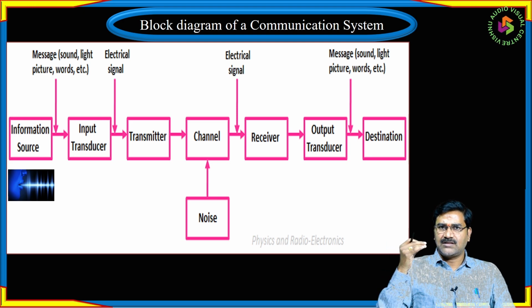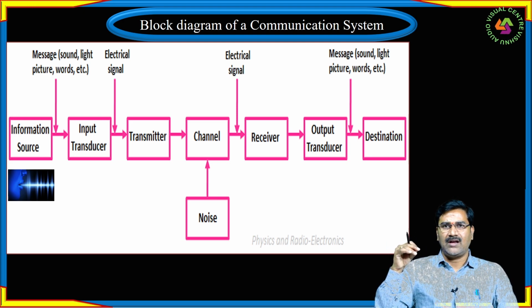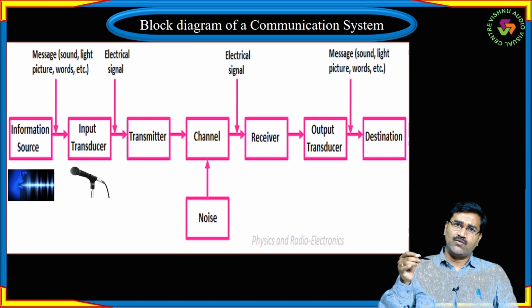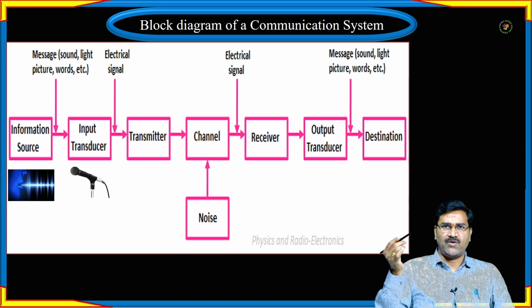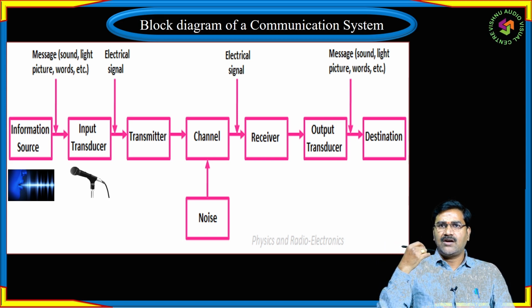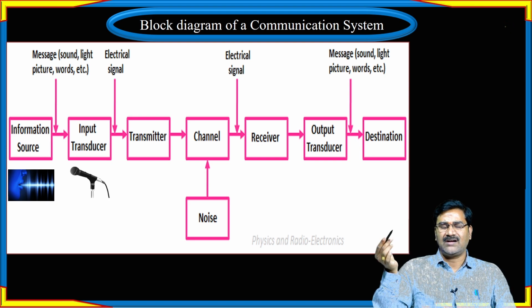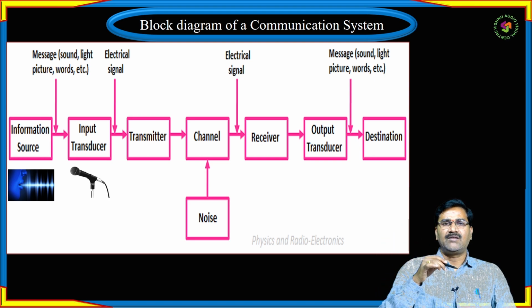For that, the sound signal will be converted into an electrical signal by making use of a transducer. A transducer is nothing but a device that converts one form of energy into another form of signal, and the signal generated from the vocal cord is a sound signal. That signal has to be converted into an electrical signal, for which we will be using a microphone.